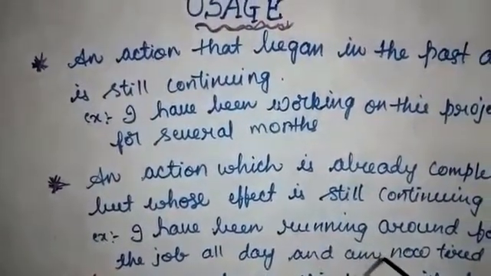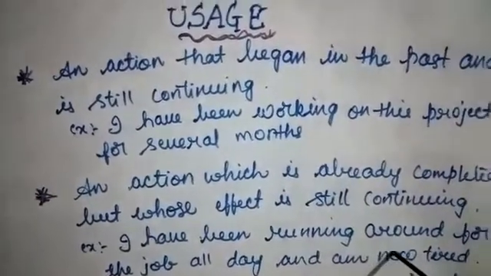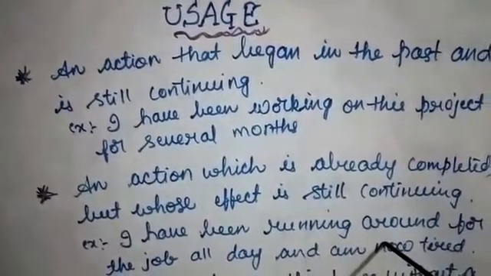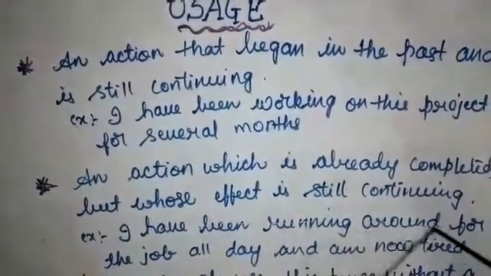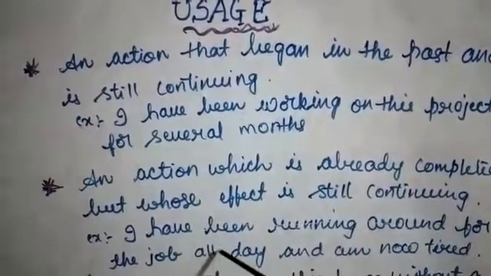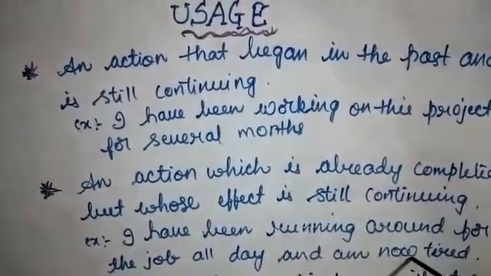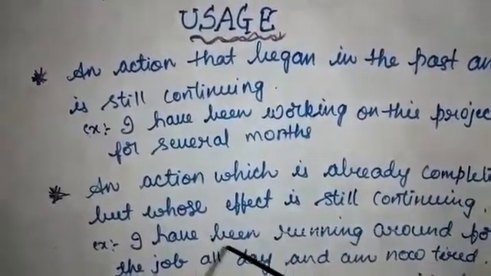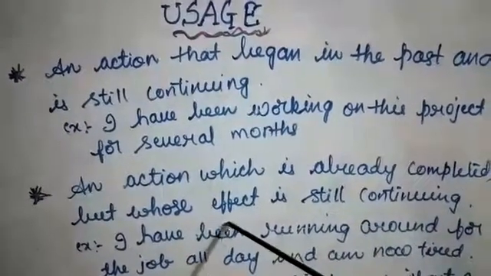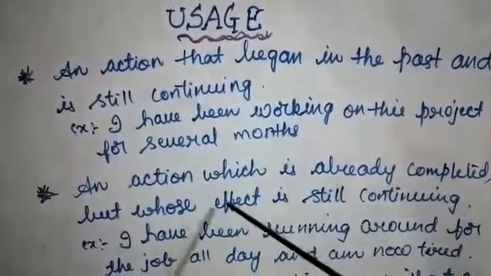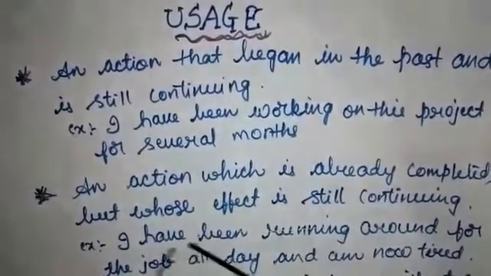I am tired. It was the effect. So this sentence should be in present perfect continuous tense. I have been running around for the job all day and am now tired. We should not say this action in simple past, isn't it?